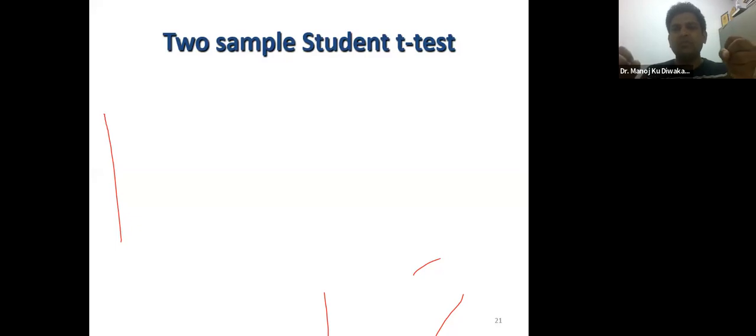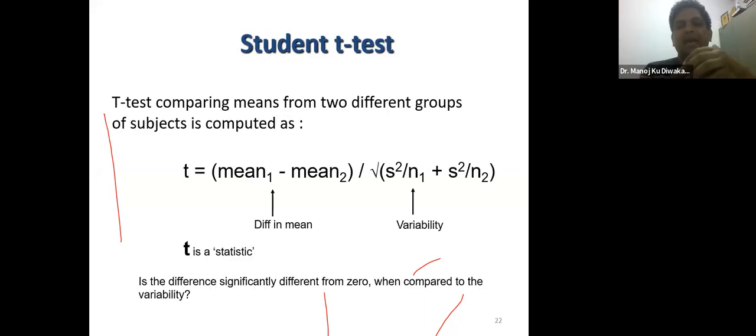This is the mean IQ level of JNU students, and this is of DU students. The t-test compares the means of two different groups of subjects, where one group is JNU and another group is DU. This is nothing but the student t-test.